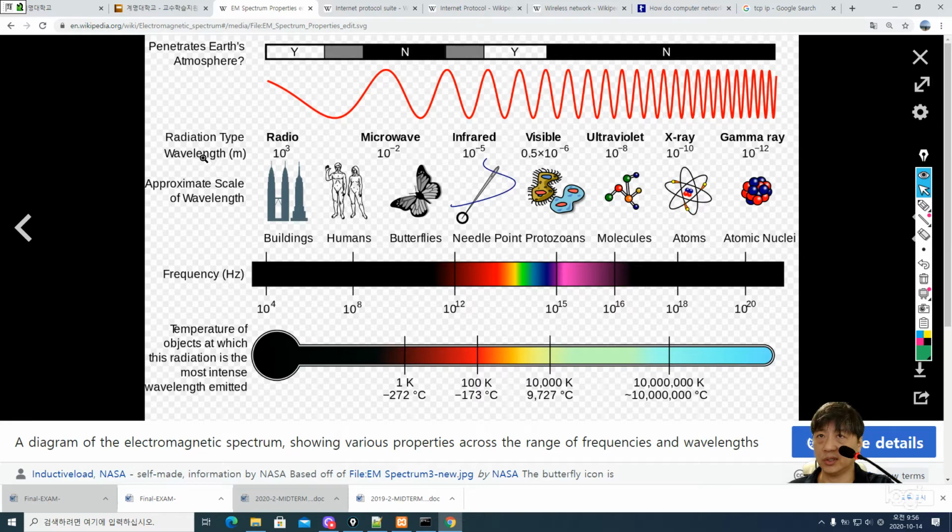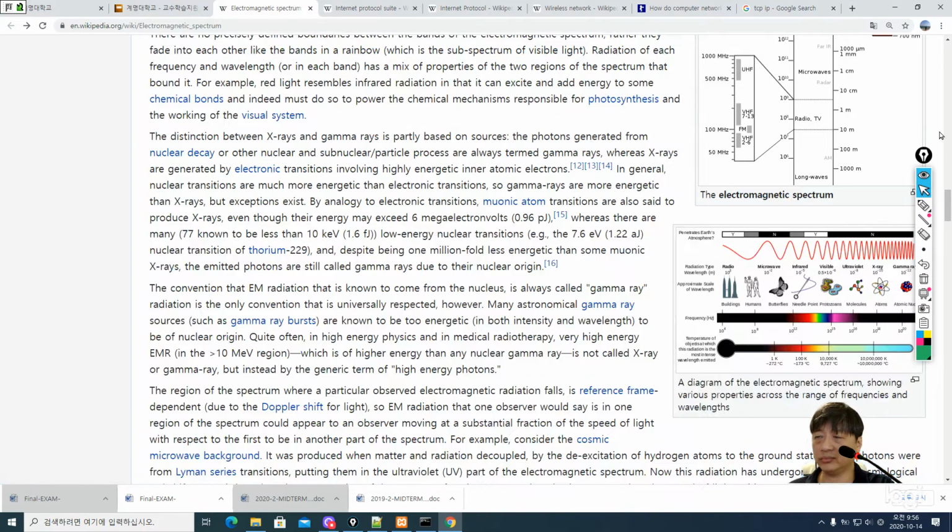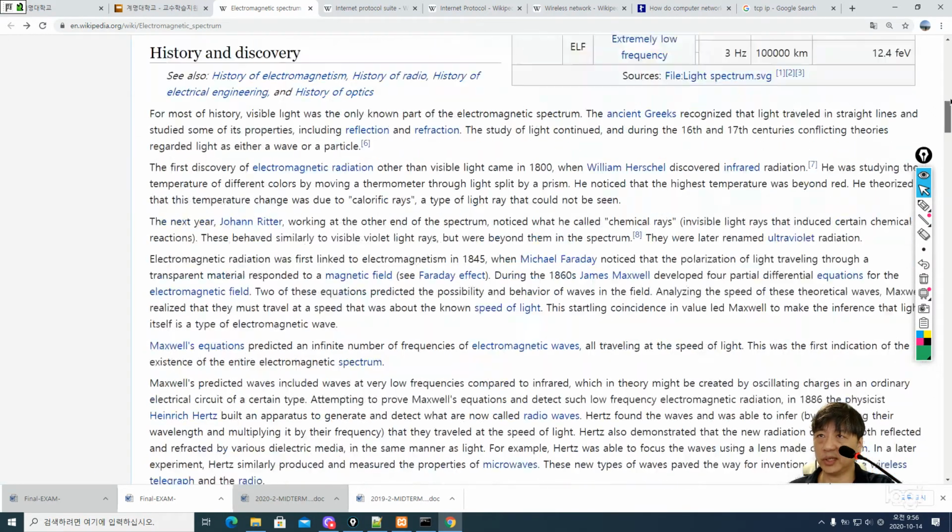So here, this one wavelength is about the size of a building, a human, and so on, small. Okay. And some other temperature characteristics. Probably we didn't talk that much about those.